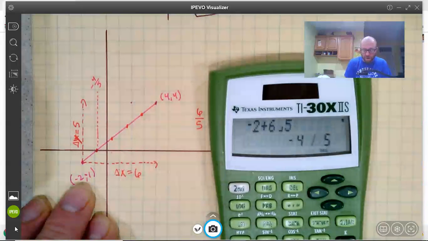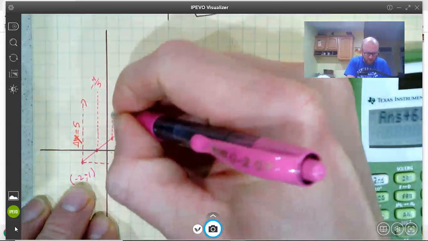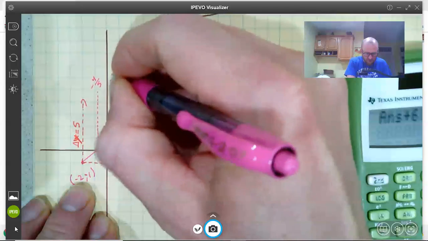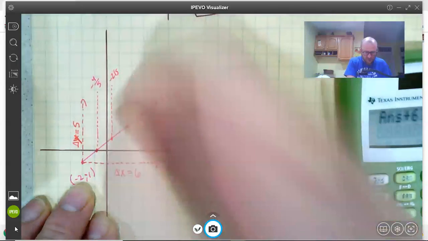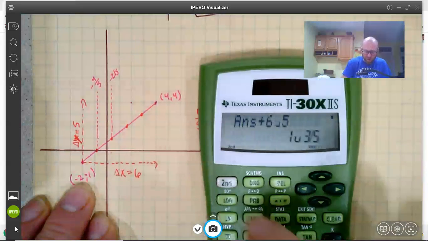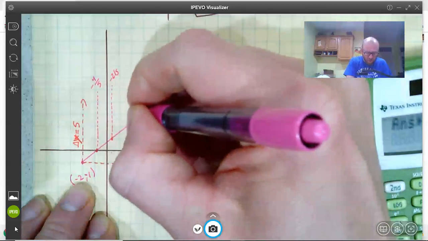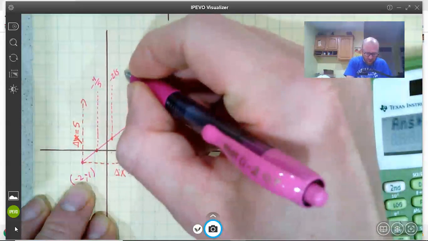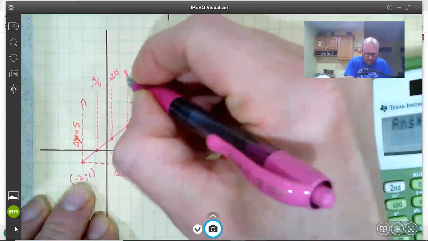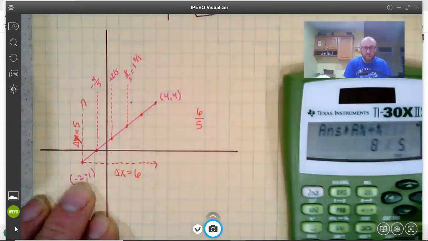Then we're going to add another 6/5. That gives us 2/5. So we've crossed over the y-axis. Add another 6/5. That's 8/5, which is 1 3/5.